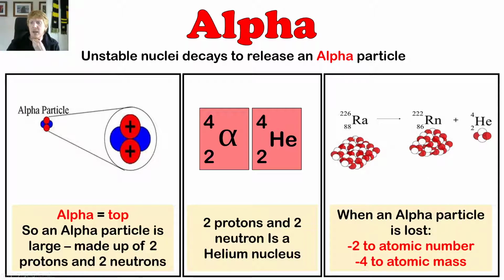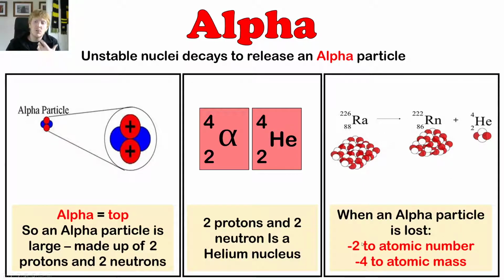So you lose 2 from the atomic number, so 88 will go to 86, which means the element will change, and that's really important. You also lose 4 from the mass, because the 2 protons weigh 2 and the 2 neutrons weigh 2, which totals 4.